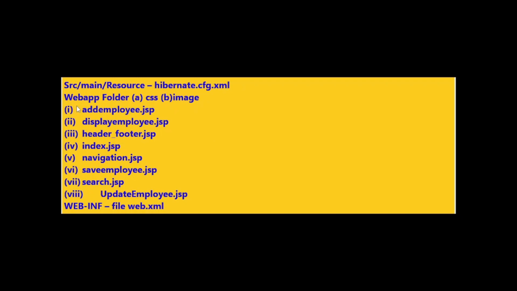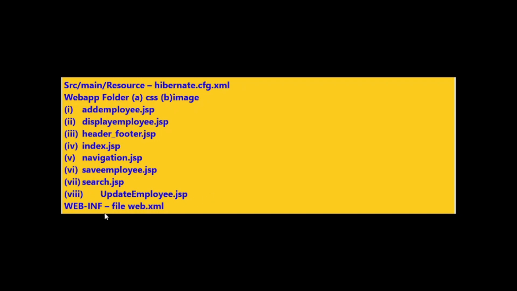And in the Webapp folder I'll create addemployee.jsp, displayemployee.jsp, and header and footer.jsp files because I am using Bootstrap, and index.jsp and navigation.jsp. This is also for Bootstrap, and saveemployee.jsp, search.jsp, and updateemployee.jsp.